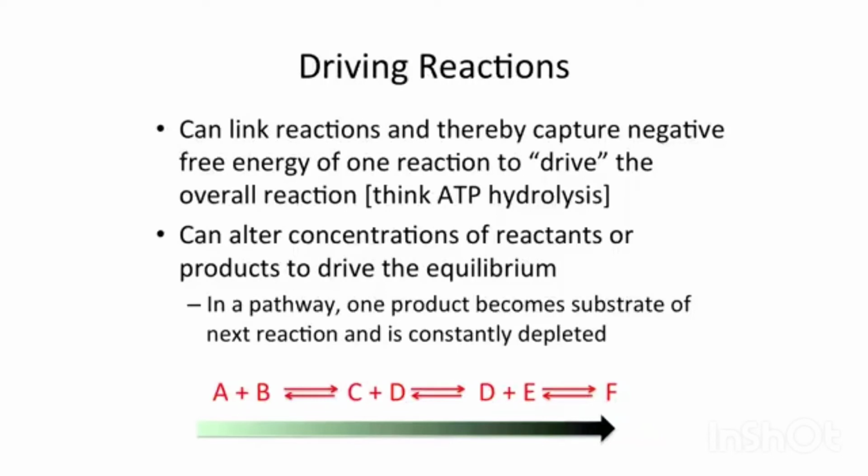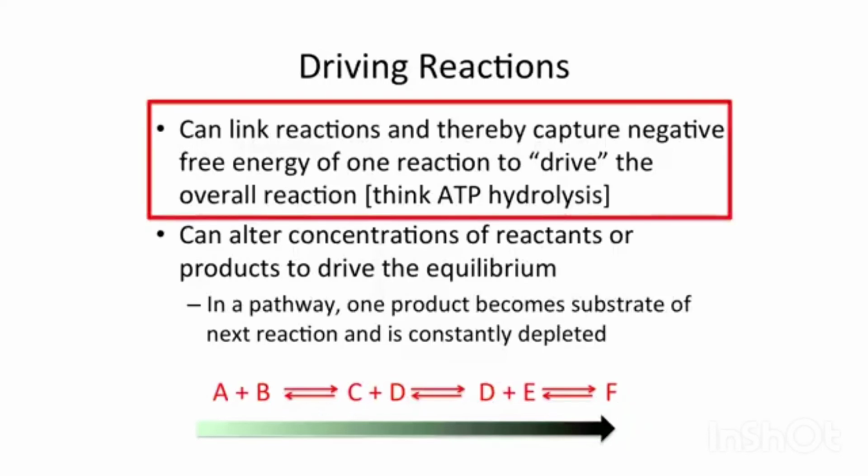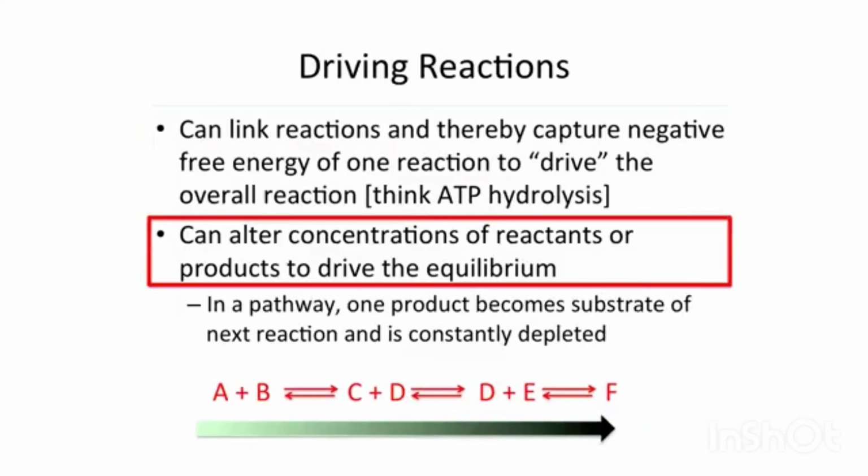And this linking of reactions is a way to drive reactions to completion. It's a way to capture negative free energy of one reaction to make it possible for the other reaction to occur. And again, think ATP hydrolysis. We'll see this over and over to make reactions move to completion. You can not only capture the negative free energy by coupling reactions, you can alter concentrations of reactants and products to drive equilibrium.